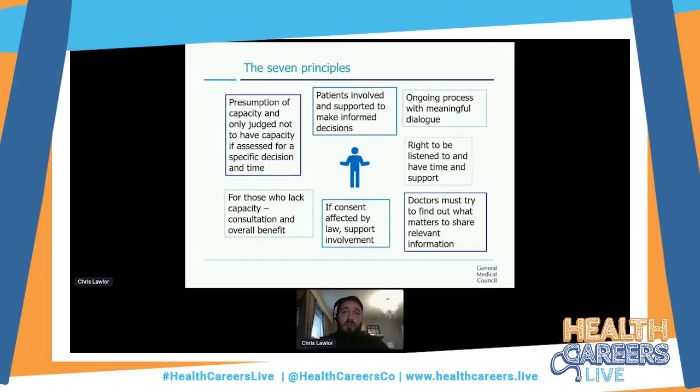Areas such as capacity have always been involved in consent guidance, the fact that patients should be involved in the process and they should be having conversations and dialogue, the fact that we need to know what matters to patients in their personal life and the hobbies and interests that they have. Again, that was always in the previous guidance.